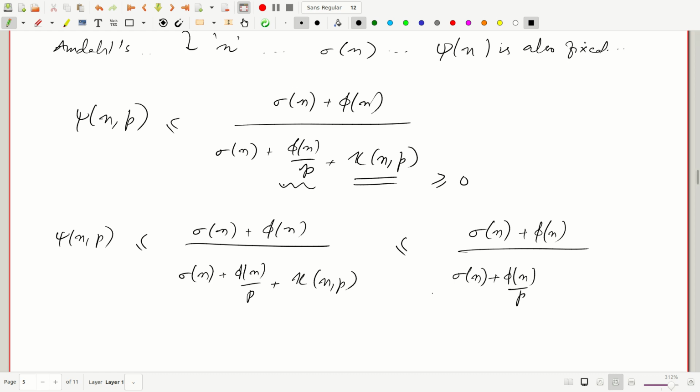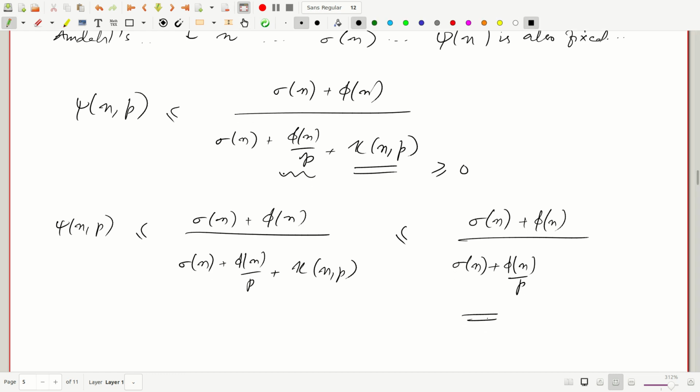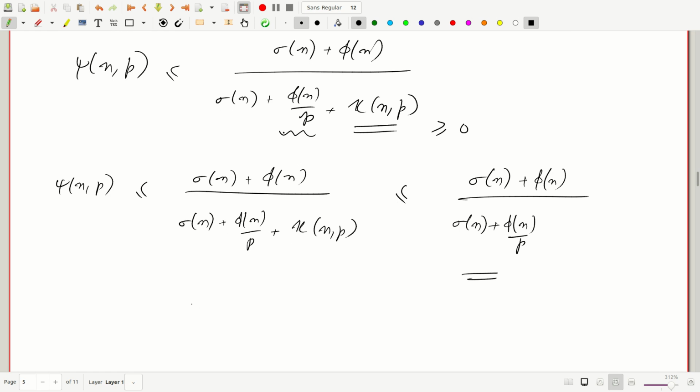I'm not writing the kappa of n,p, the overhead part, right? Now we would be using this particular definition for the speedup, and then you can relate the sequential fraction of the computation as sigma n divided by sigma n plus phi of n, right? So earlier sigma n is the sequential part of the computation, whereas f is the fraction of computations that must be performed in serial.